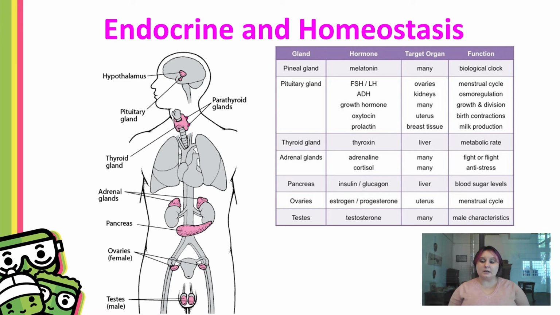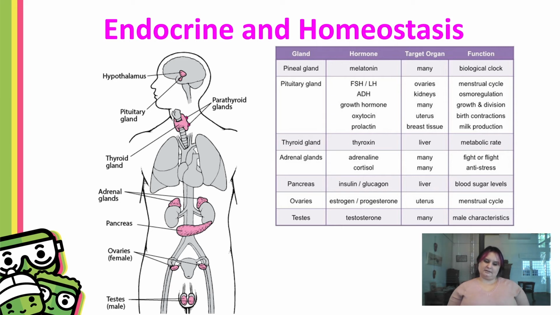Then we've got the thyroid gland located at the front of our neck here, which produces thyroxine, which controls our metabolic rate. The adrenal glands sit on top of the kidneys, and they produce adrenaline as well as aldosterone, two very important hormones.